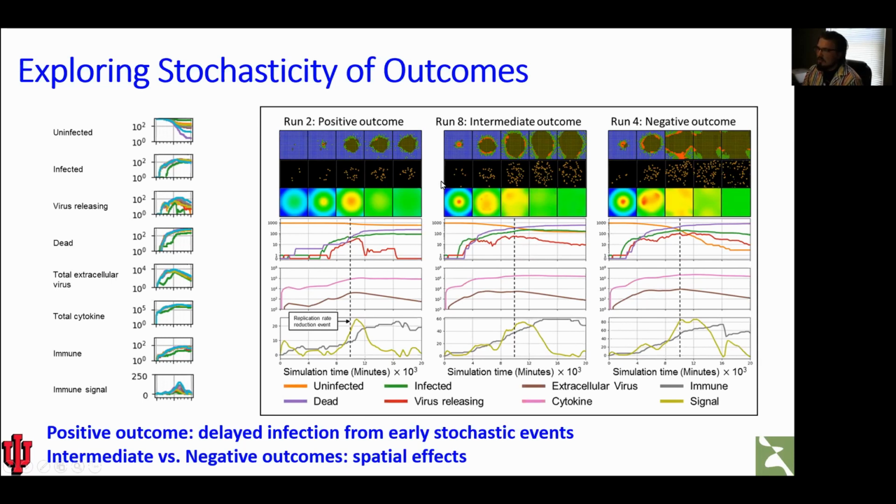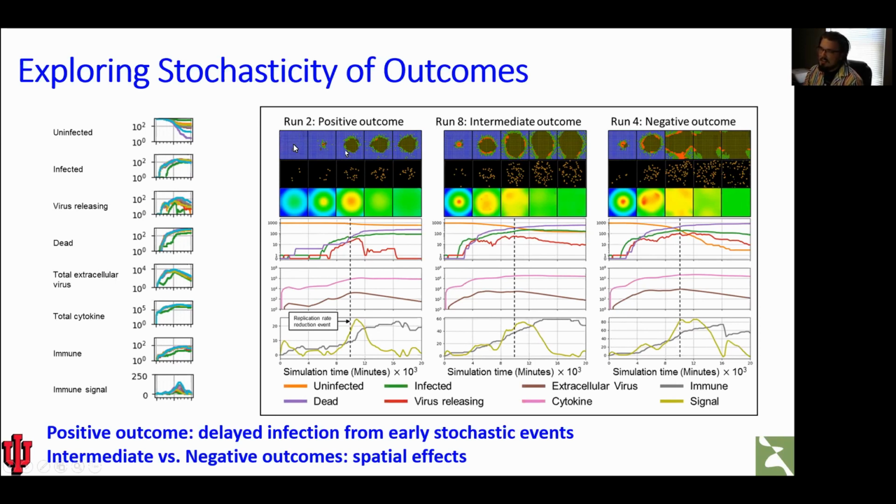And what we found here is that the difference, when we really looked at the numbers, with the metrics that we took, total extracellular virus, the number of all of the different cell types, we found that the difference between the positive and intermediate outcomes was due to a delay at the initial site of infection, meaning the first initial cell of infection.